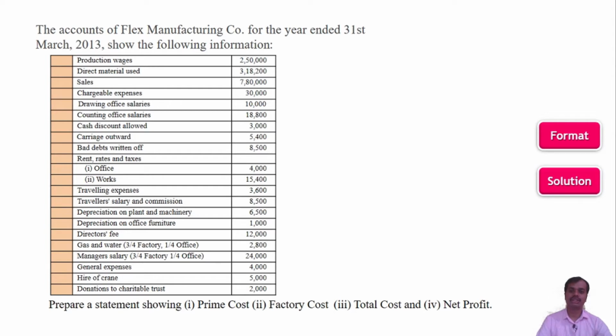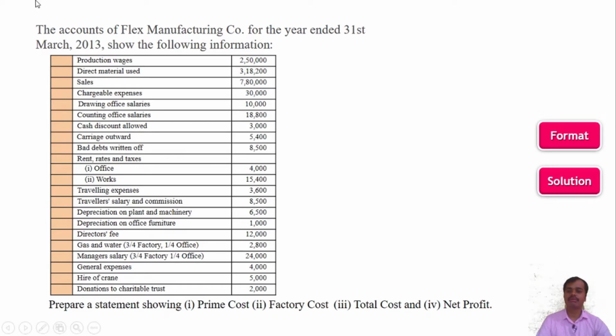The information means the opening balance and closing balance of raw material, finished goods, and work in progress. If this information is not available, then we have to use the simple cost sheet format, and if the information is available, then we have to use the detailed cost sheet format.